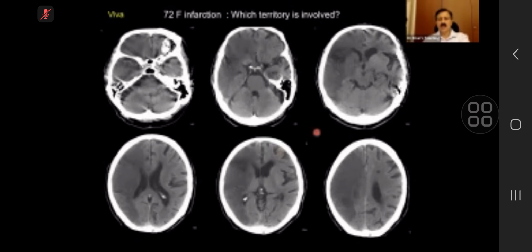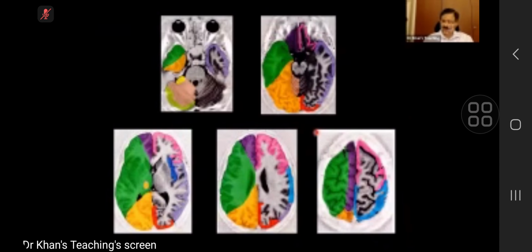Okay, here, quickly, we are just going to do the territories. We are talking about MCA territory, ACA territory, PCA territory, etc. If you look at the right side, anything which is green, this green, this green, this green, is MCA territory.